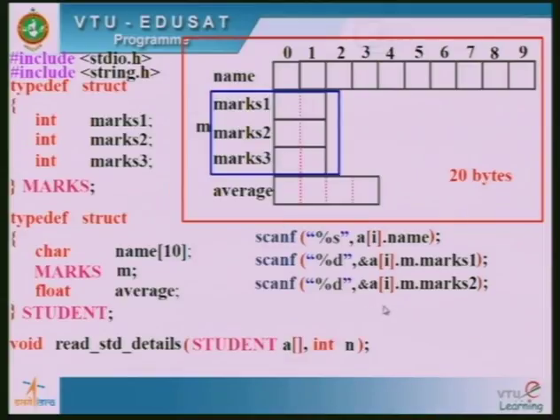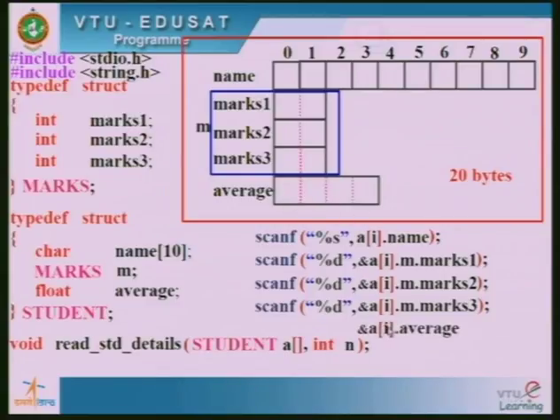Using the variable A of I, I can write A of I dot m dot marks 3. Again I write scanf %d ampersand A of I dot m dot marks 3. Now tell me how you access this field. I can write ampersand A of I dot average, and here we use the format specifier %f, and again I write a scanf statement.